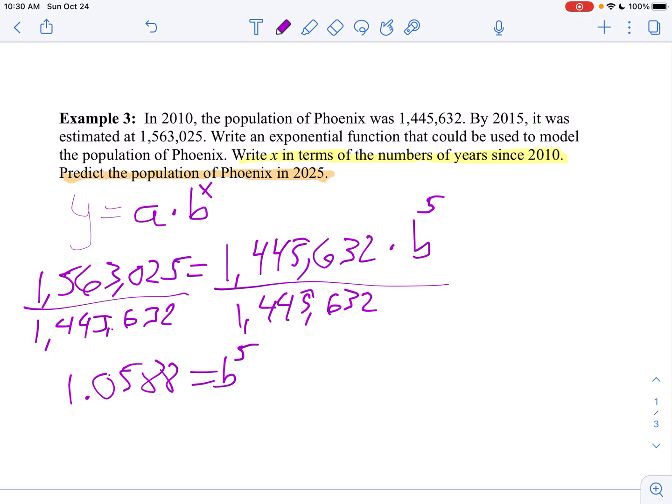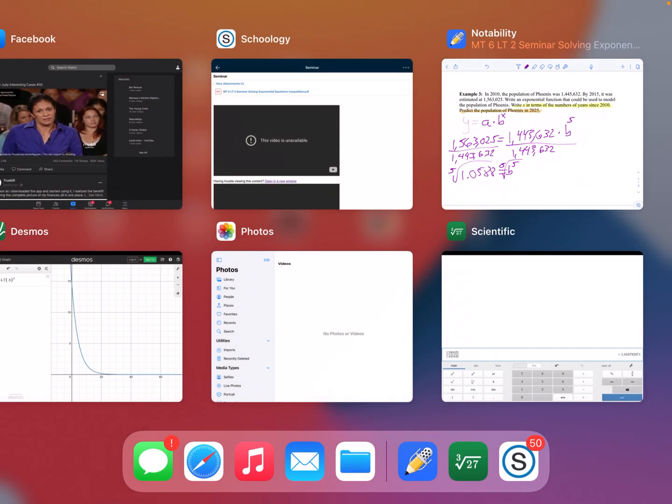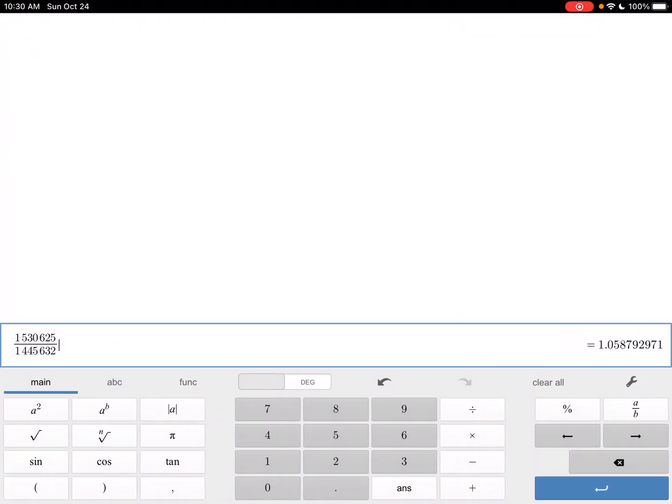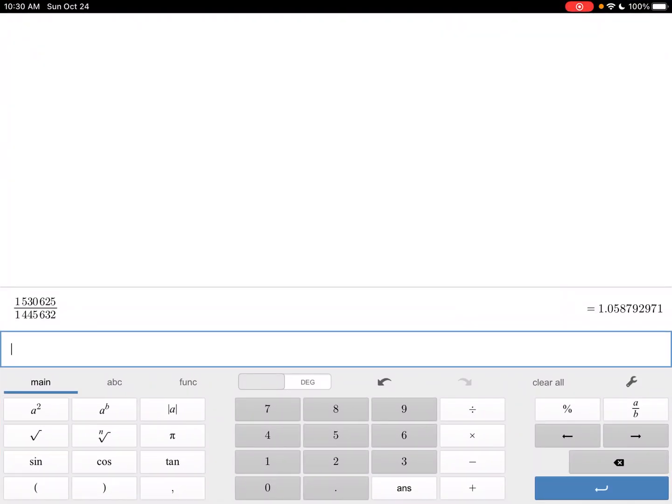Well, what do I do to solve for b? I take the 5th root of both sides. So I'm going to take the 5th root of 1.0588. On my calculator, the 5th root is in the second column, second row. It's the one with the little n on it. So I'll put my 5 for my index.